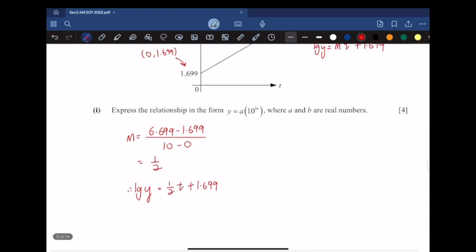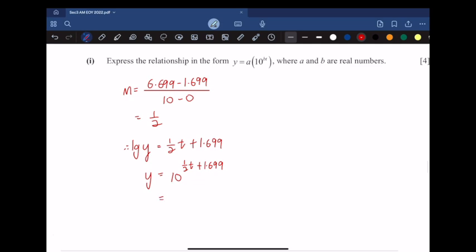Therefore, if I express the relationship in this form, converting from the logarithmic form to the exponential form, y will simply equal 10 power (half t + 1.699). Then to express this in the required form, I just need to separate using my laws of indices.